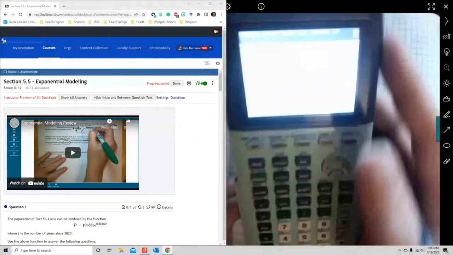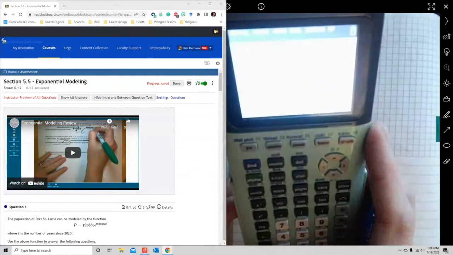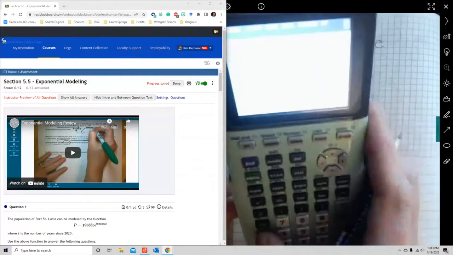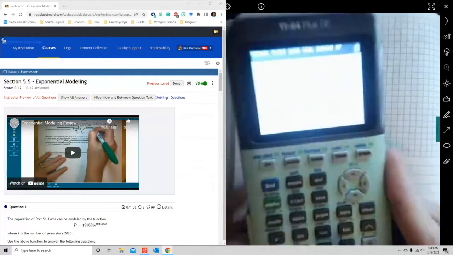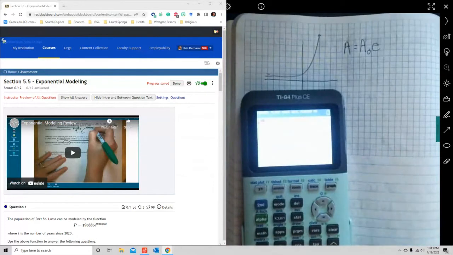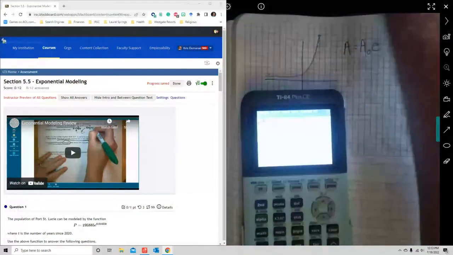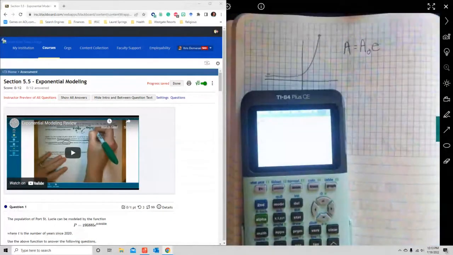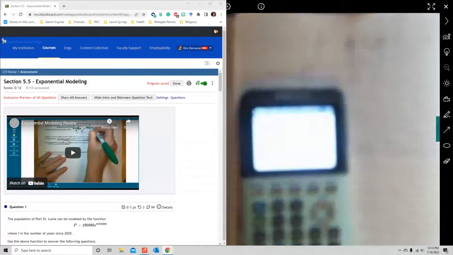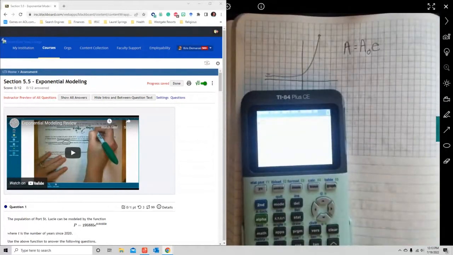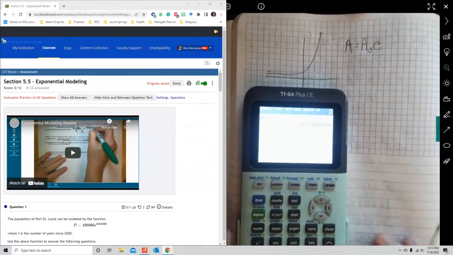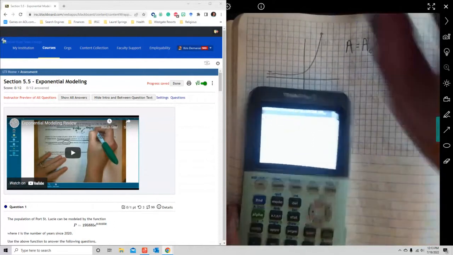If you go ahead and type in second e to the first power, that's hard to see, but if you evaluate it, it looks like this.